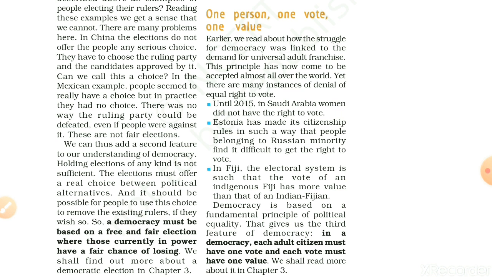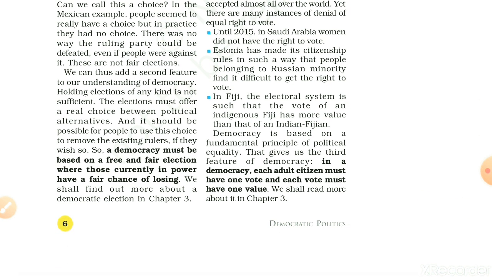In Fiji, the electoral system is such that the vote of an indigenous Fijian has more value than that of an Indian Fijian. That means one person, one vote, one value is not applied in Fiji. So we can say democracy is based on a fundamental principle of political equality. So that gives us the third feature of democracy.